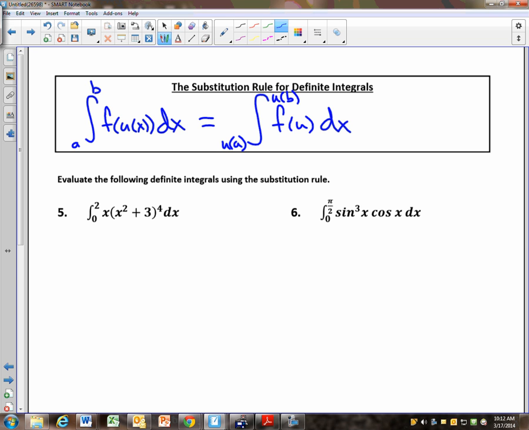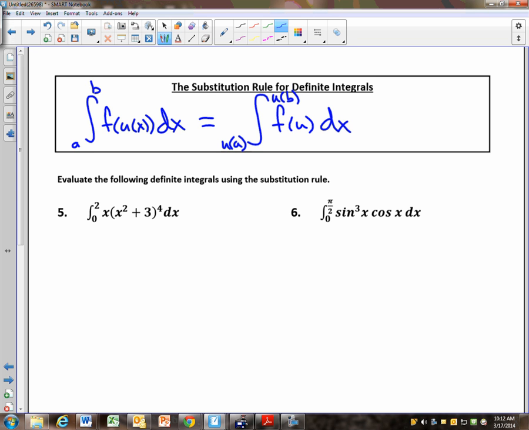Okay, so here's what happens. If we take a definite integral that you need to evaluate, so you have bounds, a and b, what we do is find the antiderivative and plug in a and b. But if you're using substitution, instead of substituting that u back in at the end, like let's say u is x minus 3, you don't have to substitute that x minus 3 back in.